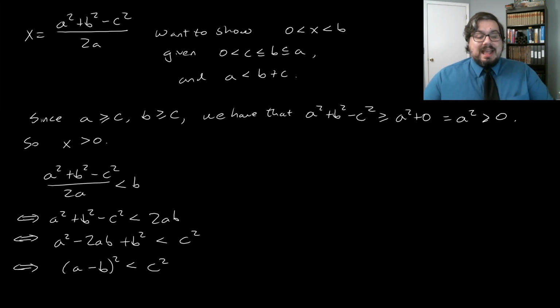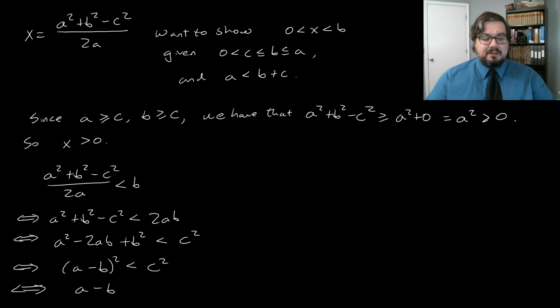Now, we know that a is at least as big as any of the others. A is greater than b, and everything in sight is positive. And so if we've got two non-negative numbers, a minus b and c, and we know that their squares have a particular relationship, this happens if and only if they themselves have that relationship.